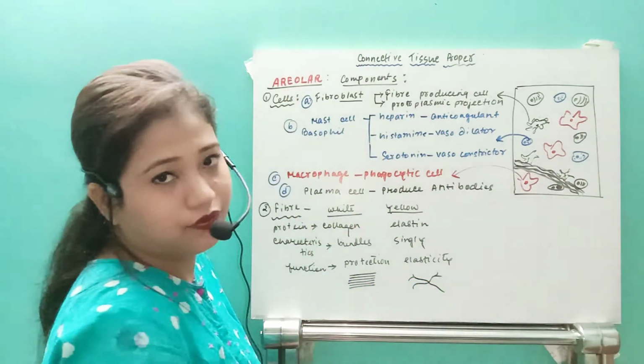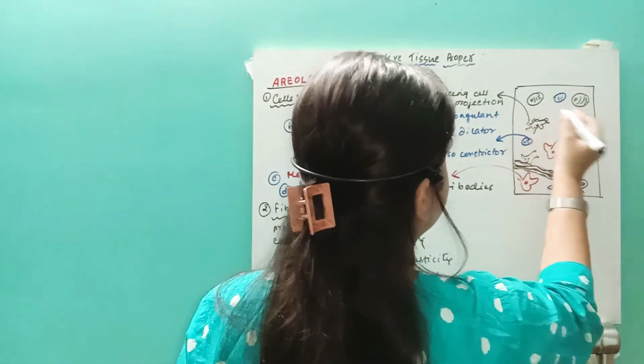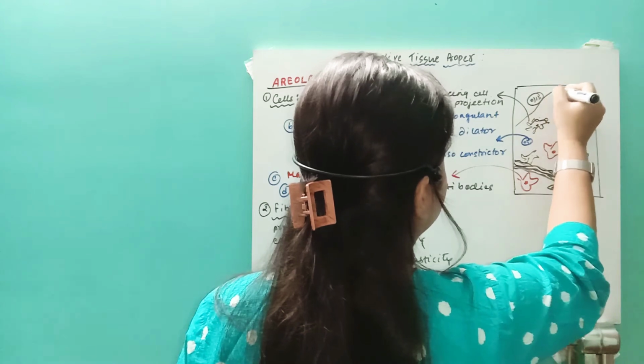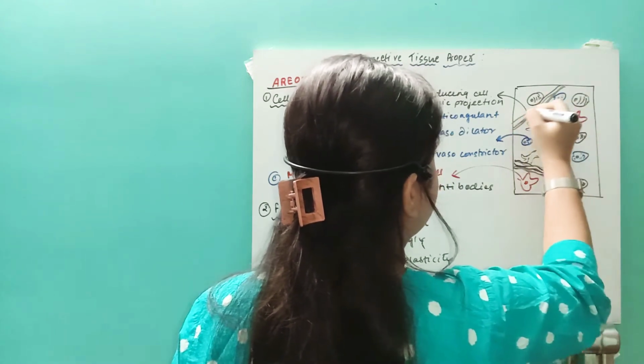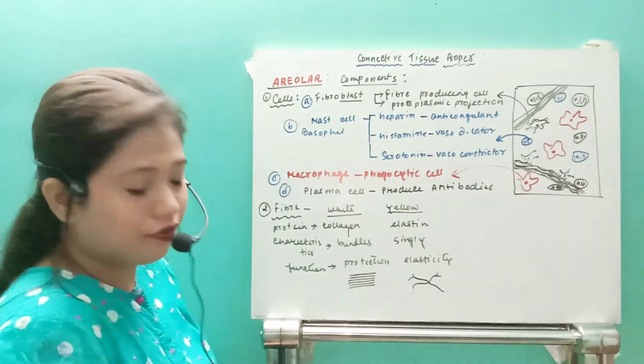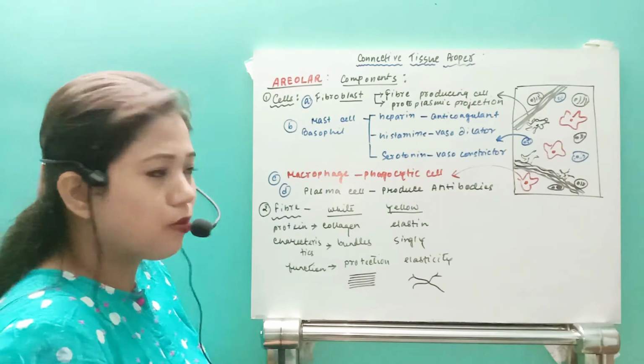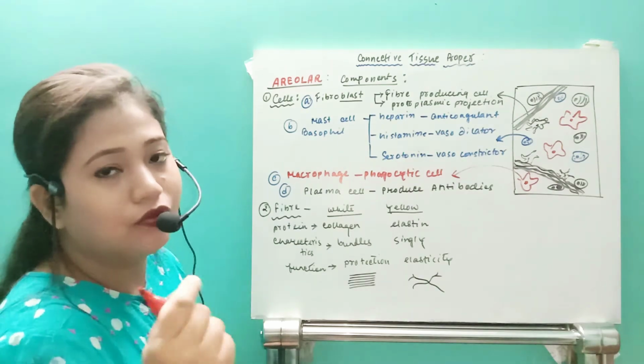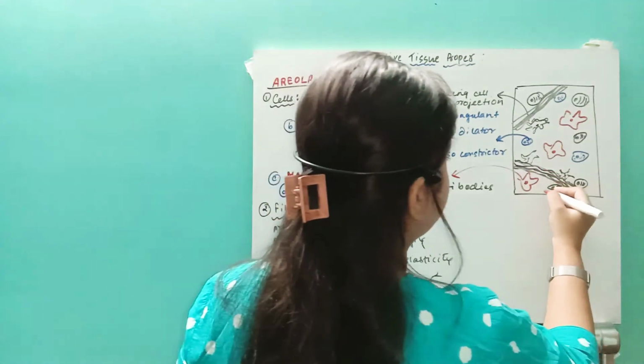So this is the white fiber, I'm drawing it like this. It is the white fiber which is found in bundles. And the yellow fiber is the small thread-like, Y-shaped structure which is found individually.